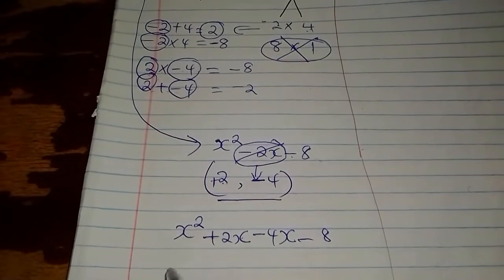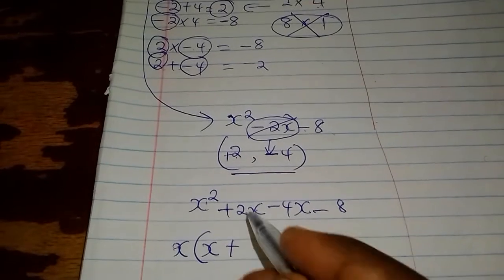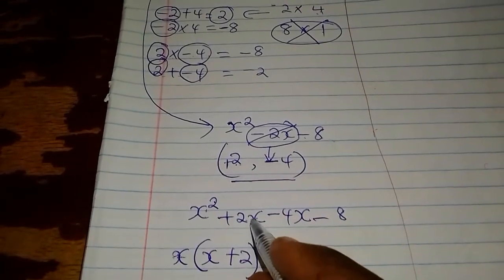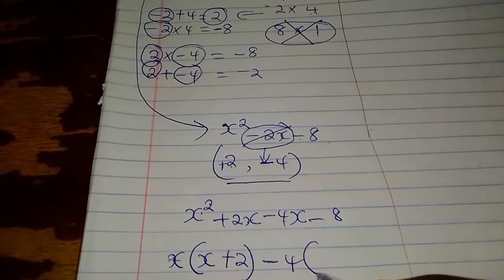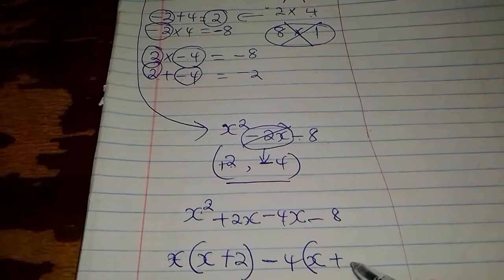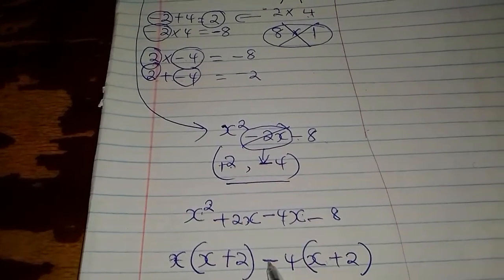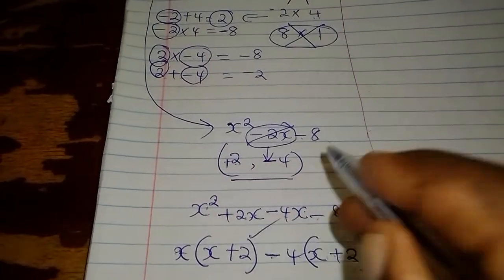Common divisor: x into x squared, that is x, plus x into 2x, that is 2. So x times x, x squared, x times 2, 2x, minus common divisor 4 into x, then plus 2. So that's minus 4 times x, minus 4x. Minus 4 times positive 2, minus 8. Good.